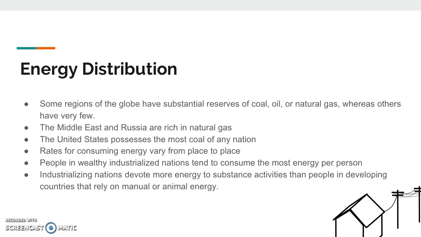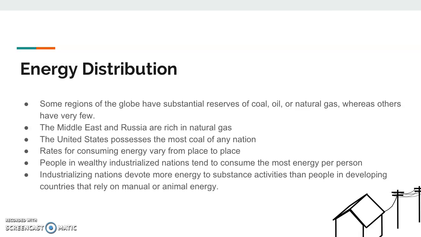Energy distribution. Some regions of the globe have substantial reserves of coal, oil, and natural gas, whereas others have very few. The Middle East and Russia are rich in natural gas, so that's where most of the world gets its natural gas.